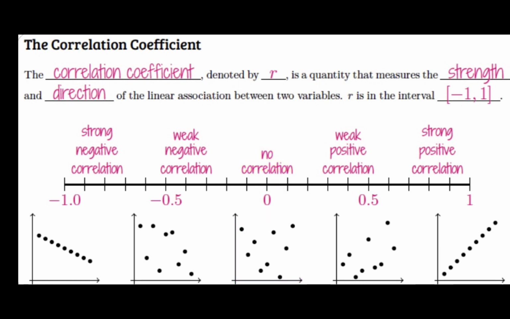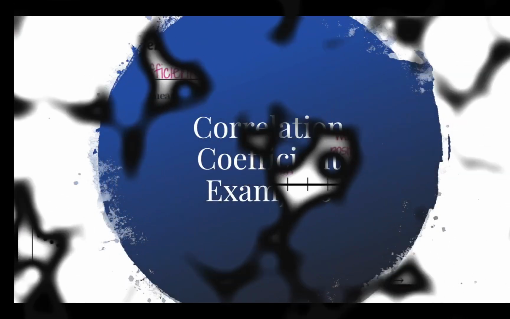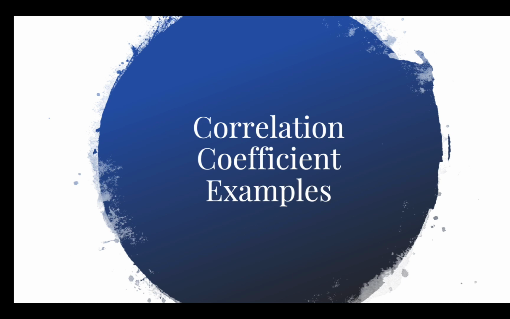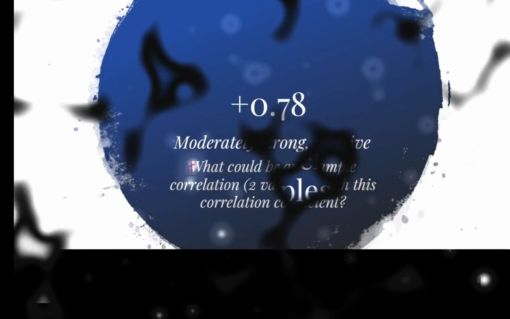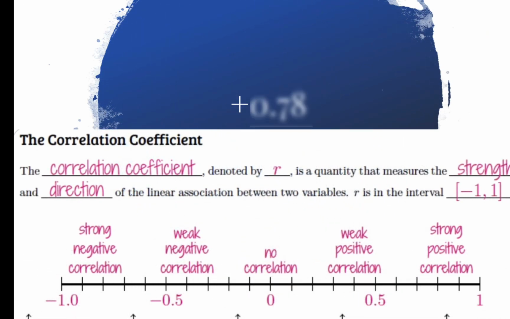Okay, let's take a look at a few coefficient examples. We're going to take a look at the number and then we're going to apply it to real life. So our first one, we right away know if we cover the number, it's a positive.